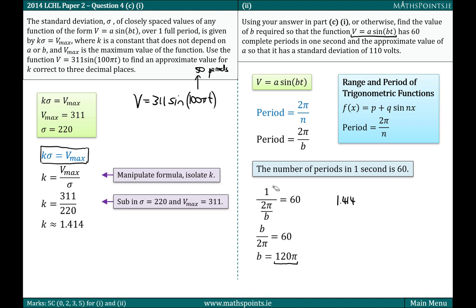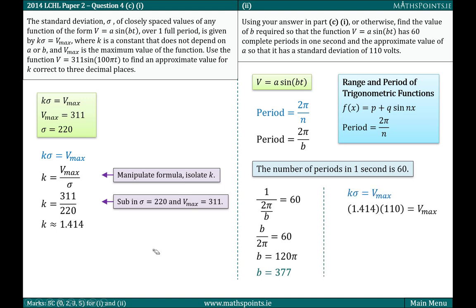And if we multiply that by sigma, the standard deviation, 110, that will give us the maximum. So 1.414 times 110 gives us the maximum. So let me take out the calculator and go ahead and do that. And we get 155.54. And sorry, the b value, I forgot to actually multiply 120 by pi, so it's 377. So a is equal to 155.54.